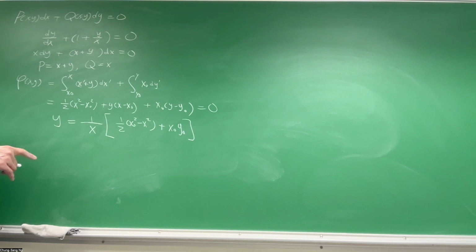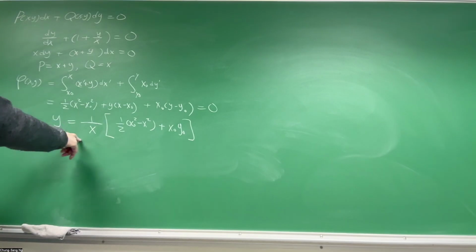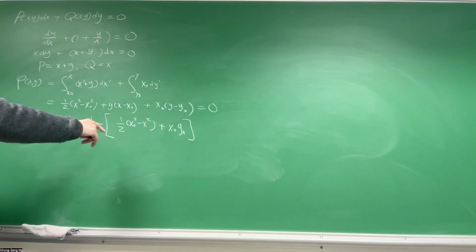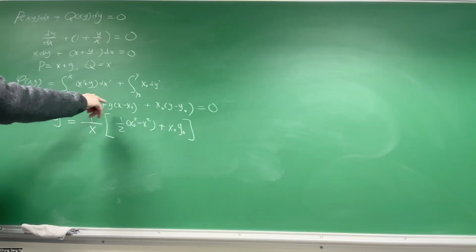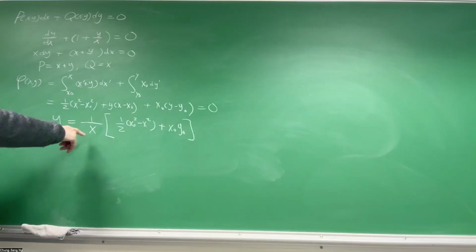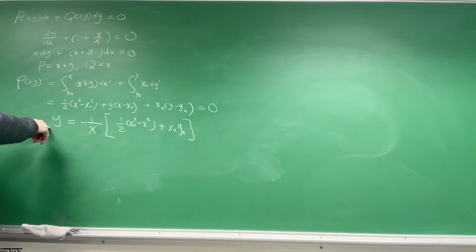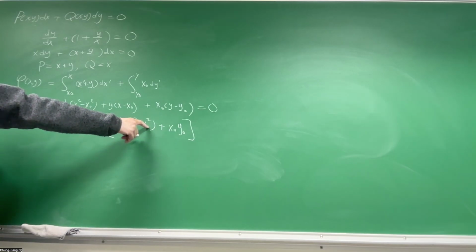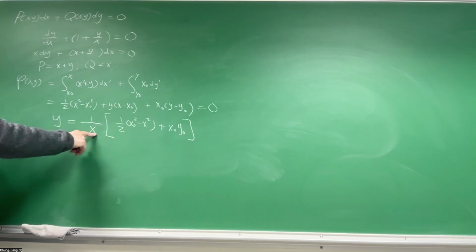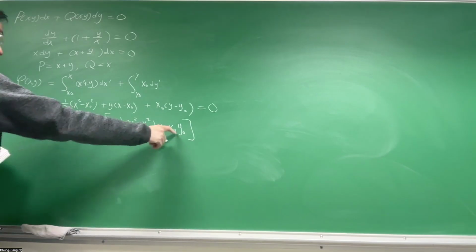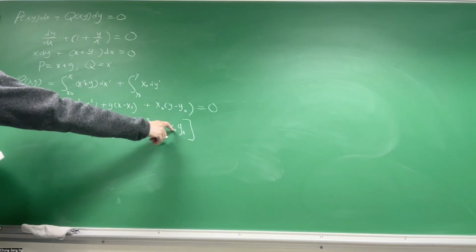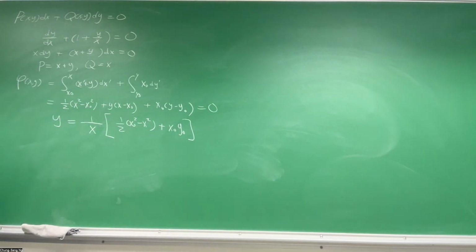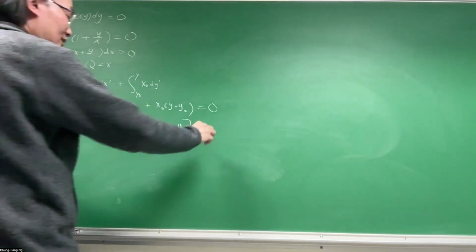But then the most important thing is to check whether that satisfies the original equation, right? And the thing to check is the boundary condition that we chose, that when x is equal to x sub 0, then y equals y sub 0. So you substitute x equal to x sub 0. This term is 0, and you cancel the x sub 0 here. You get y sub 0. So that's correct. So the boundary condition is correct.